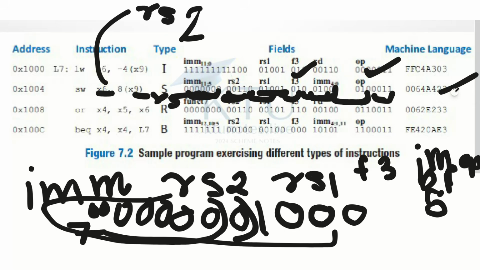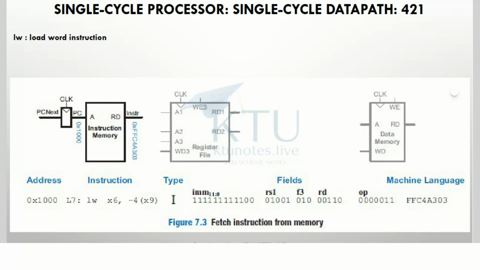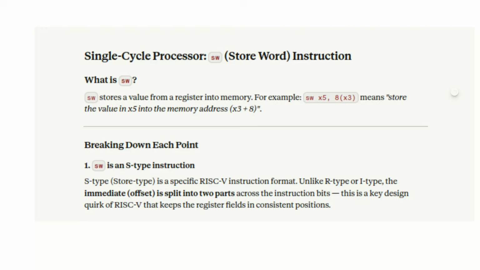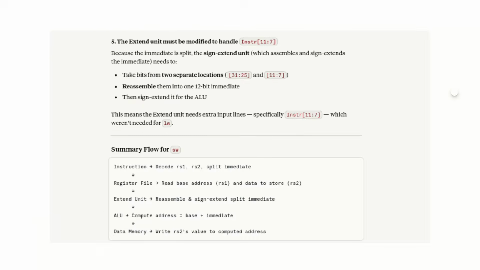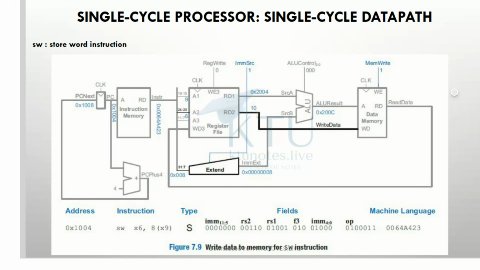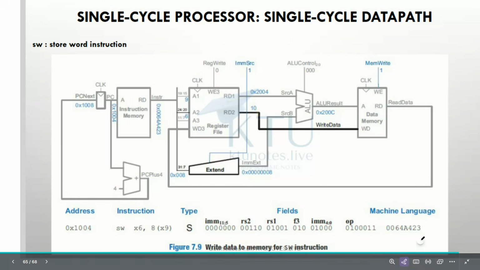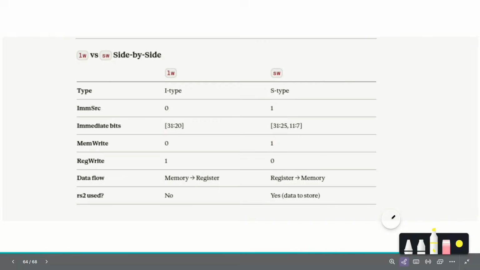These are all things we have already discussed previously, so I'm not going very deeply into that. Understood? So now we have our machine language. We will get our final machine language. This would be our final machine language, guys.